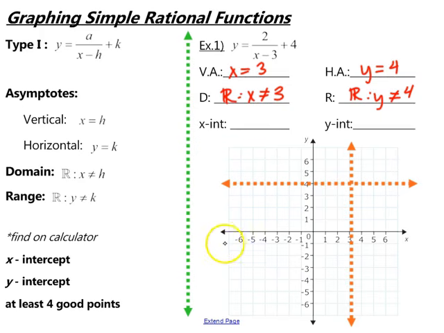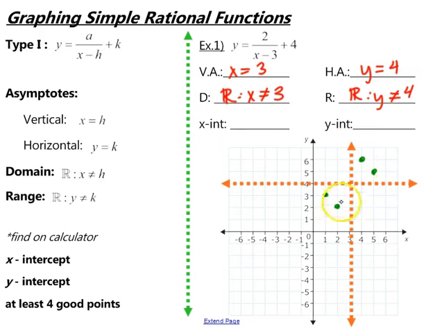When you use your calculator to select 4 good points to graph, the points that you'll find in the table are (1, 3), (2, 2), (4, 6), and (5, 5).